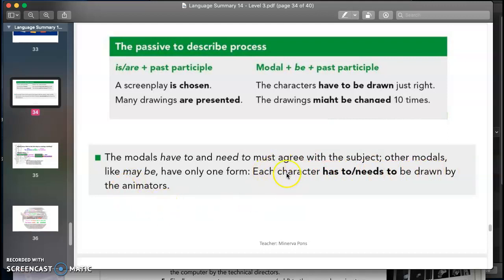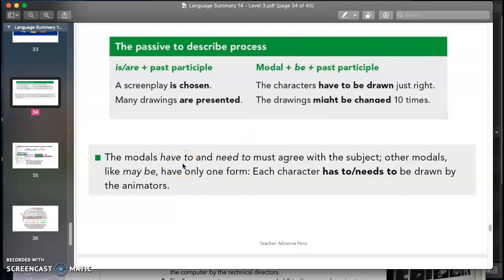As you can see, we are changing have to or need to depending on whether we have a third person singular or not. Remember, she, he, it has to, or she, he, it needs to. Then I have to, you have to, and so on.